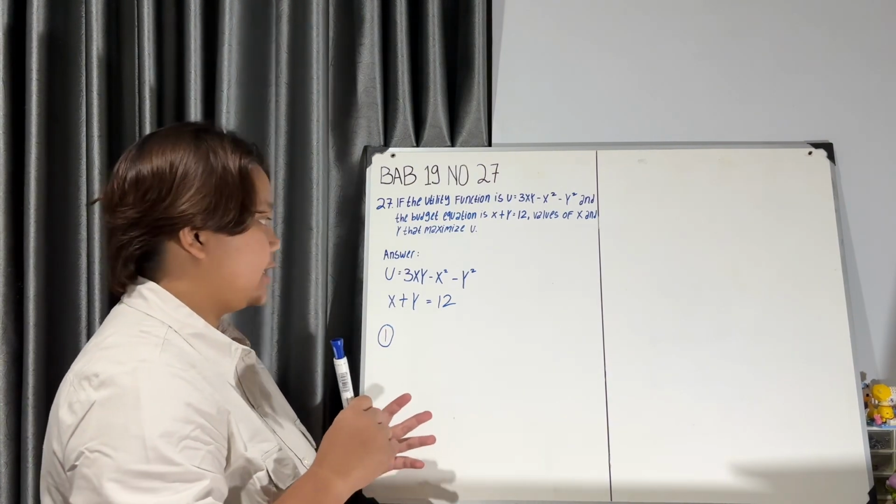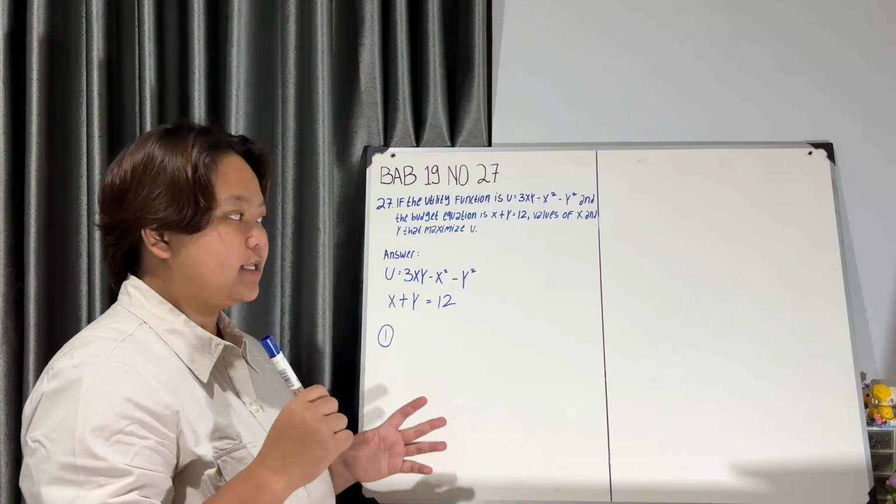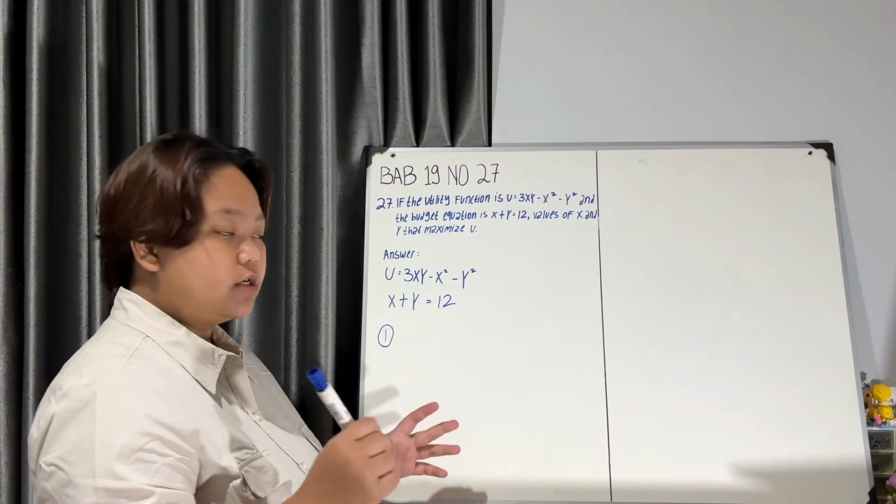Okay, next, now let's build the Lagrange function. We do this by taking the utility function and adding lambda times the constraint.